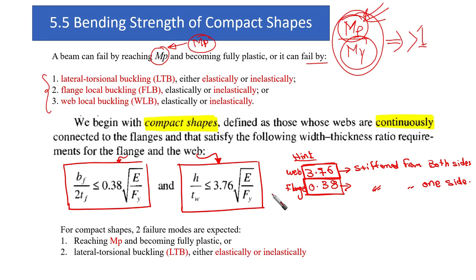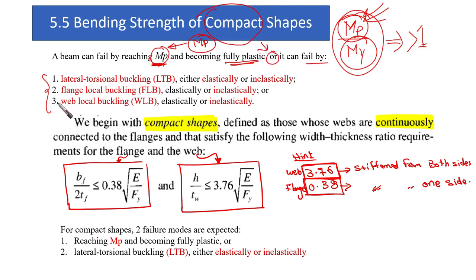So in case of compact shapes, the beam can fail by reaching MP, which is the highest level of moment that it can resist, and becoming fully plastic, or it can fail by other types.